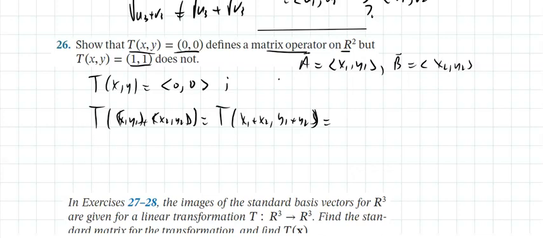And that would be, in this case, 0, 0, which equals 0, 0 plus 0, 0, which is T of x1, y1 plus T of x2, y2.